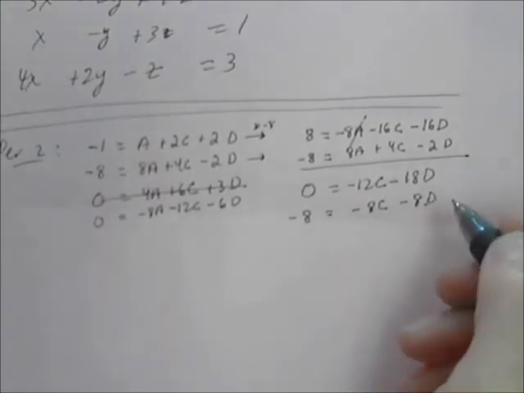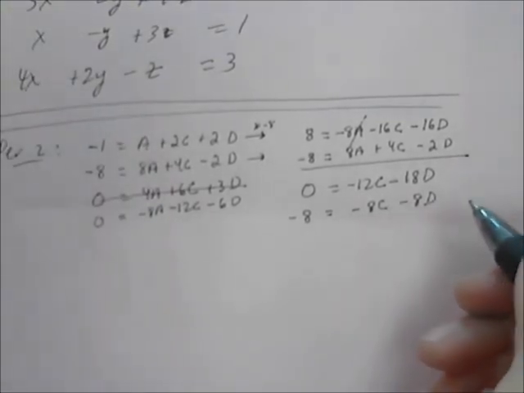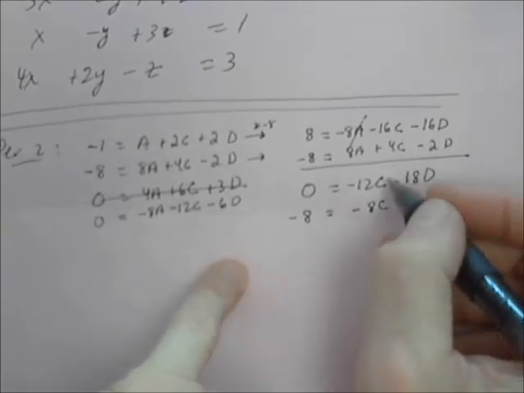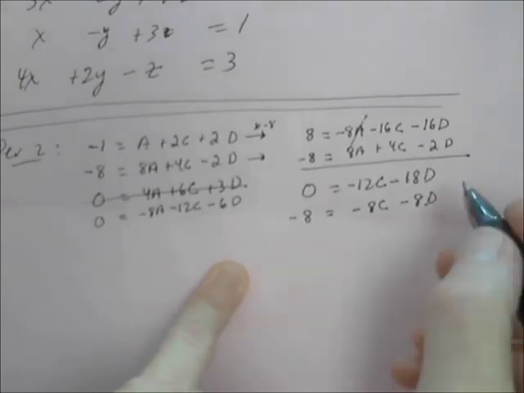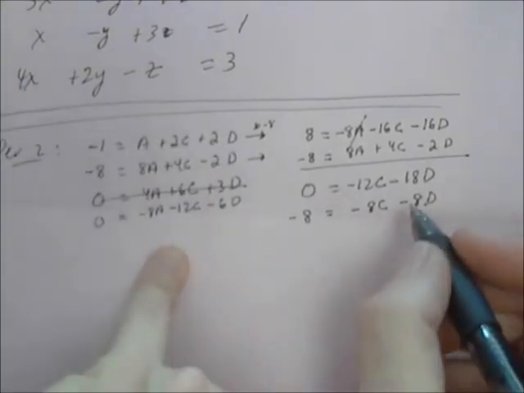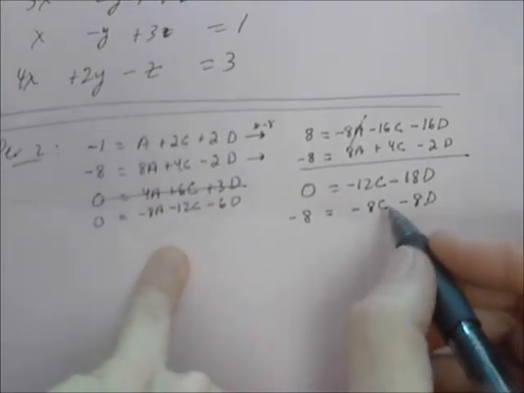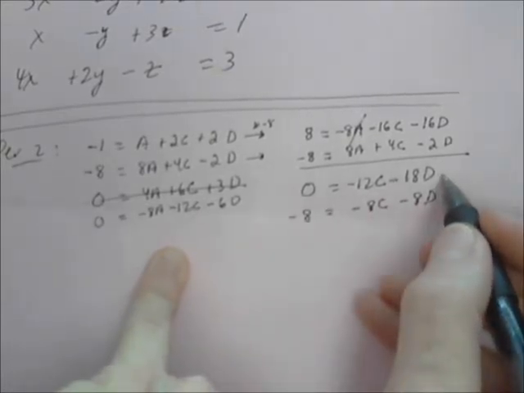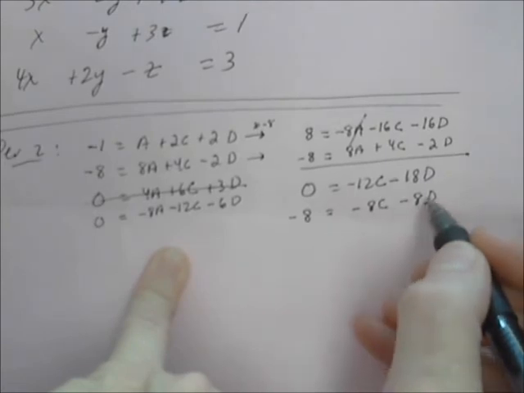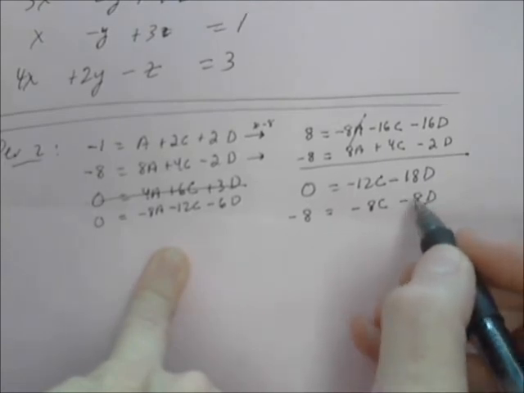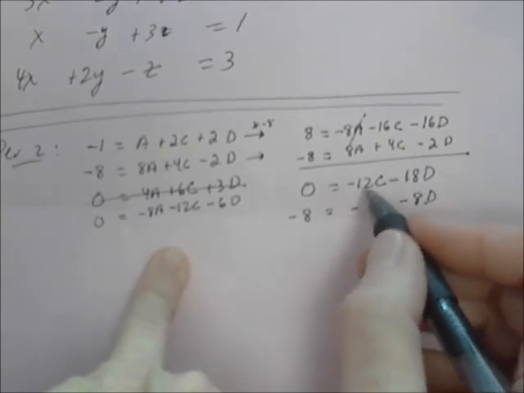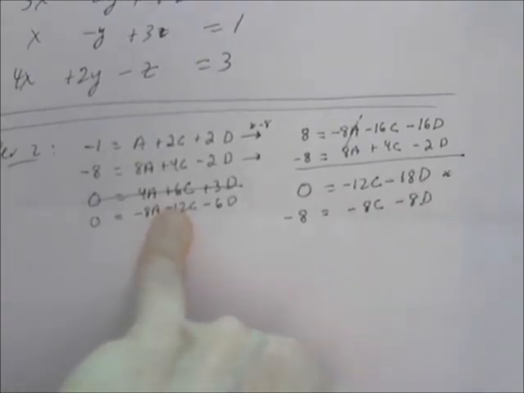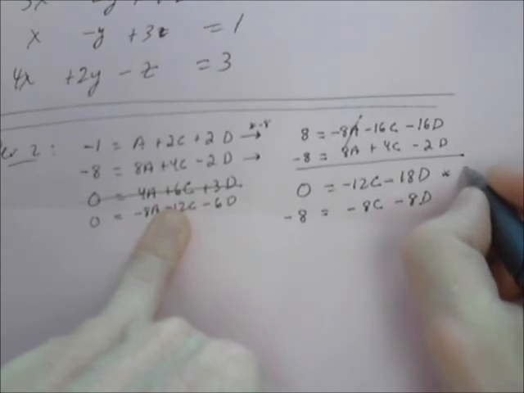So it looks like we can divide everything by 8 if we wanted to, but I want to get these values to line up. Let's see. If I multiply this top equation by 2 and this bottom equation by 3, or -3, then I can eliminate the c's.